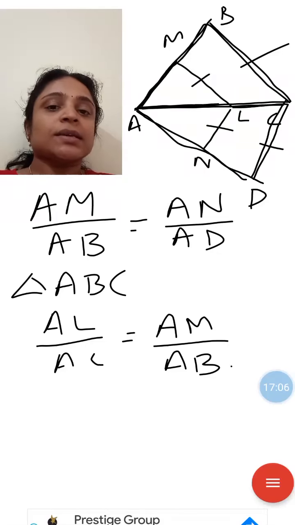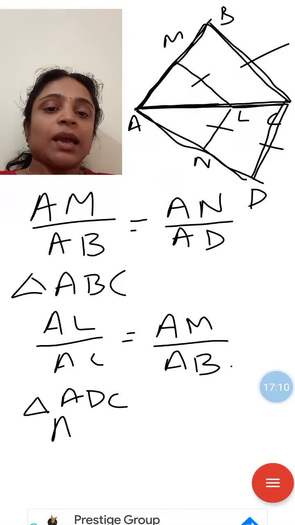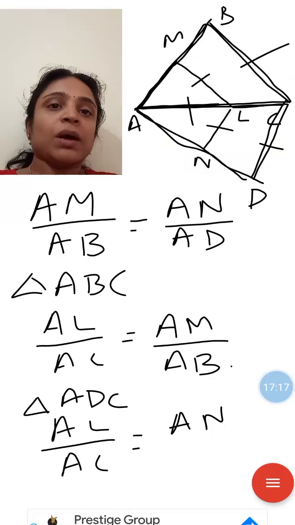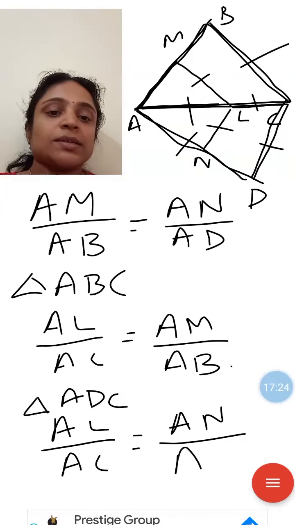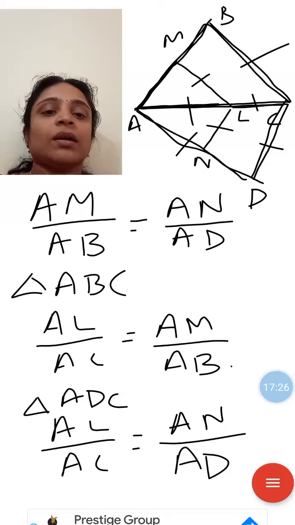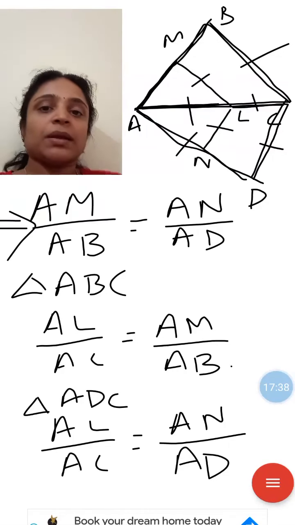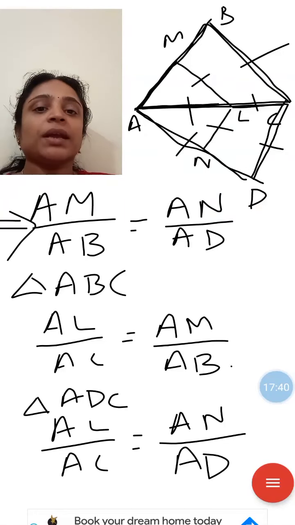There AL by AC equal to AN by the full AD. So here AL by AC equal to AM by AB, AL by AC equal to AN by AD, which means AM by AB equal to AN by AD, hence proved.